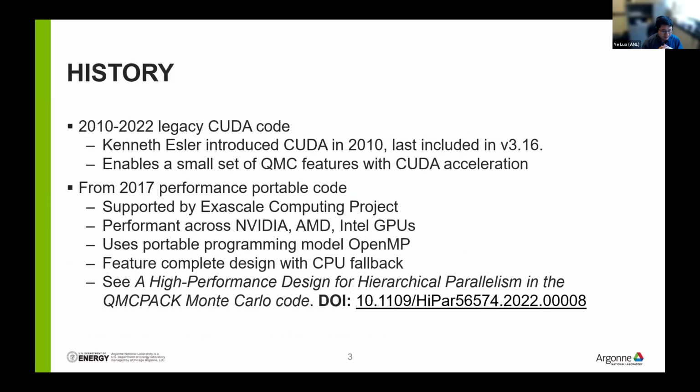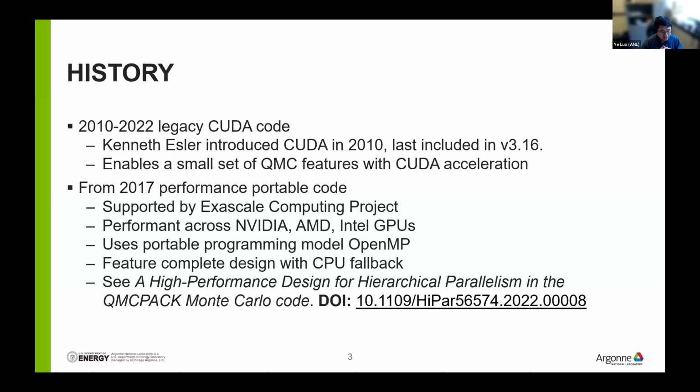So, a very brief history. QMCPACK actually evolved its GPU implementation in multiple stages. The initial GPU support was only for NVIDIA GPUs, introduced by Ken Esler in 2010. It's CUDA only.